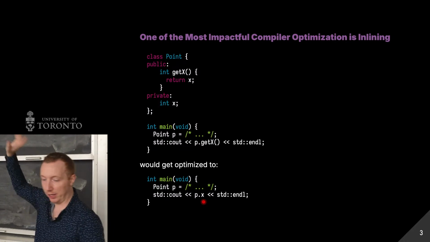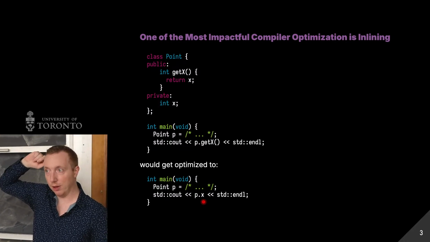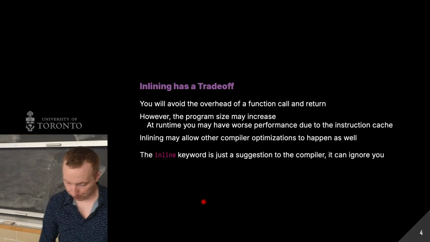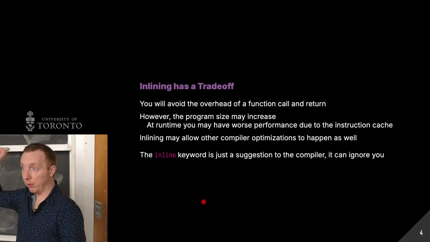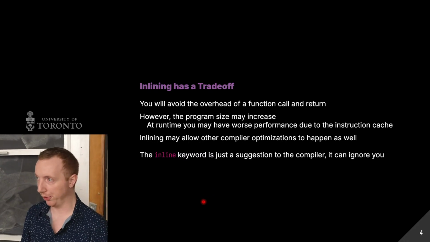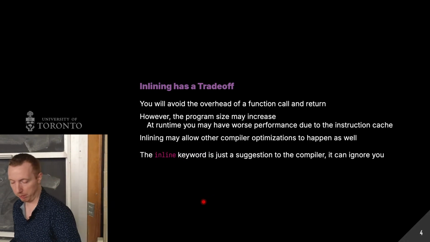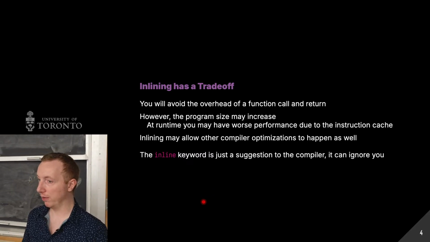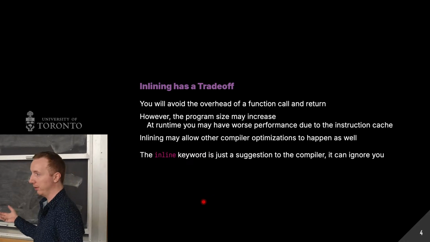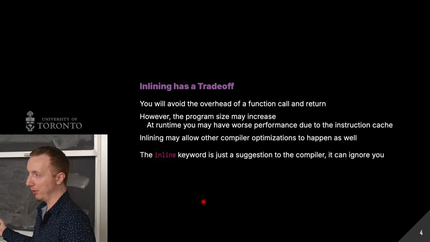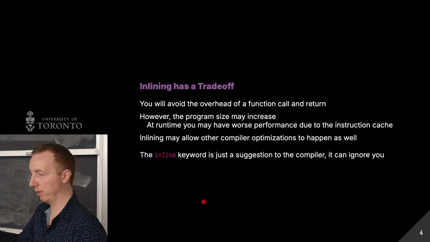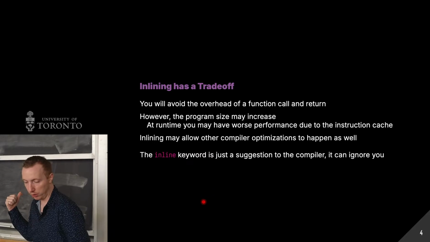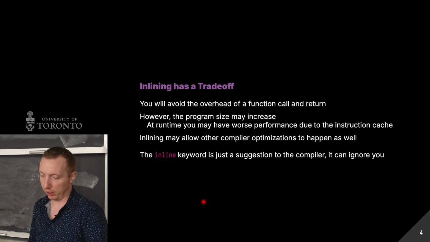Of course, if we inlined a method that was longer than that, well then we have some trade-offs. So, like I said, you avoid the overhead of the function call and the return, but your program size increases. If I use that function in a whole bunch of places, since I'm inlining that huge function at maybe more than one call site, a call site is just when you make a function call to some code, then my program size might increase.